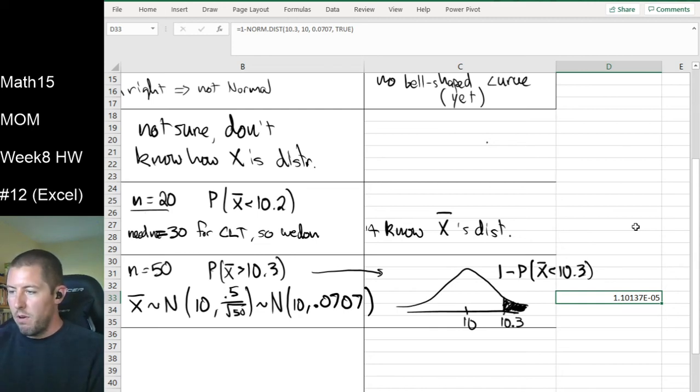That E negative 5 is telling me that this is 0.00, let's see, I'm moving this decimal over 5 places. That introduces 4 zeros. So 0.00001101. Looks like we're in binary right here. Or I could write this as 0.0011%, maybe right there. A very, very tiny percent chance associated with that event of seeing something that's about 4 standard deviations away from average.